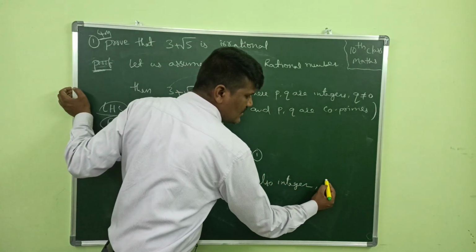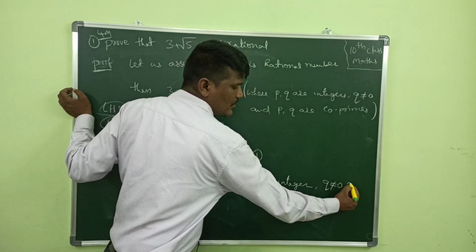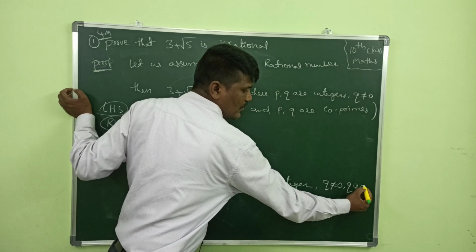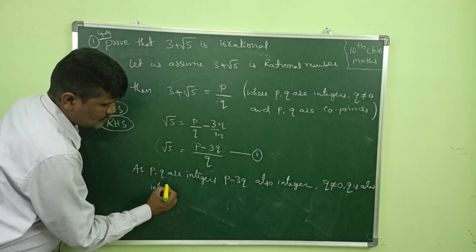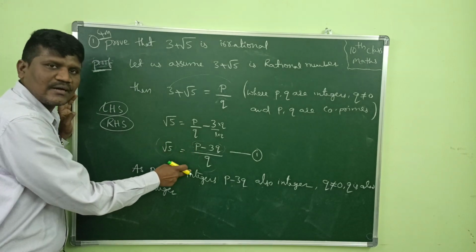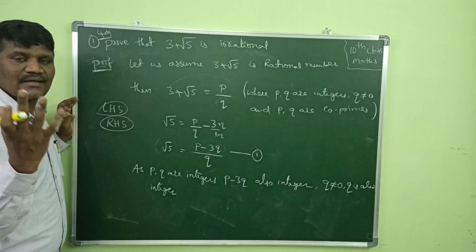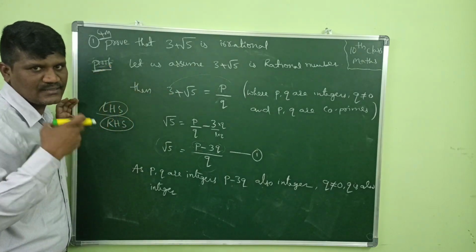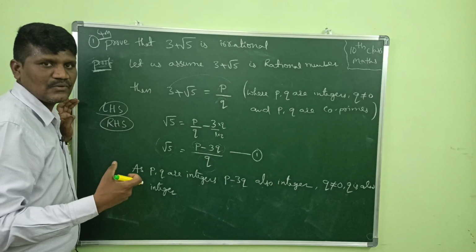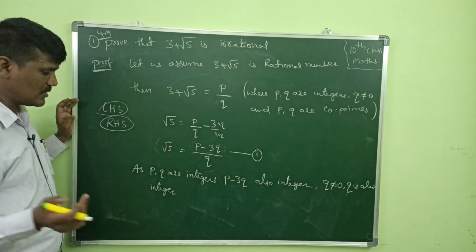Anyway, the denominator q is also an integer, and we know that q is not 0. So numerator is integer, denominator is integer. Then RHS becomes a rational number. A rational number is nothing but numerator by denominator, both integers, and the denominator is not 0. Then we can say this will be a rational number.